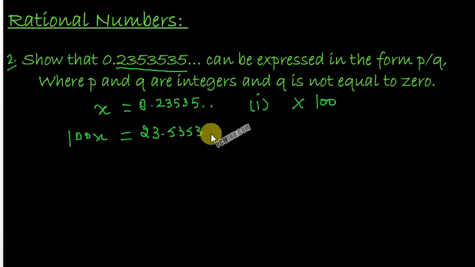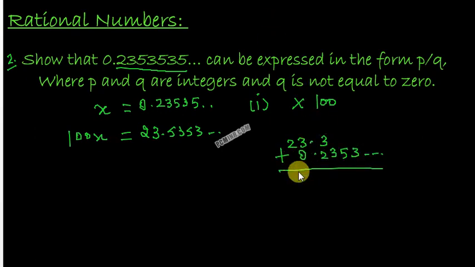23.5353 and so on. Now 23.535, if you check in the rough work, it can be written as 23.3 plus 0.2353. So when you add up, you would get the same number.